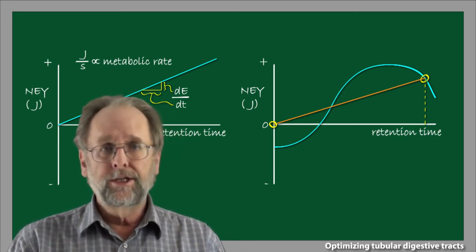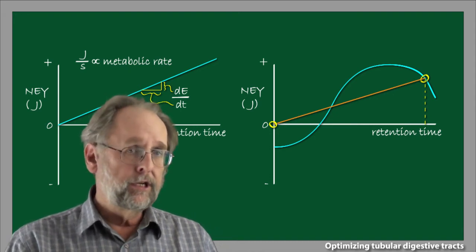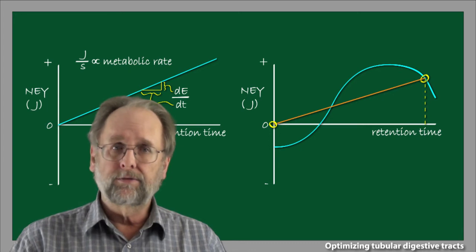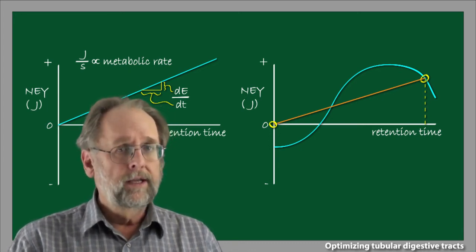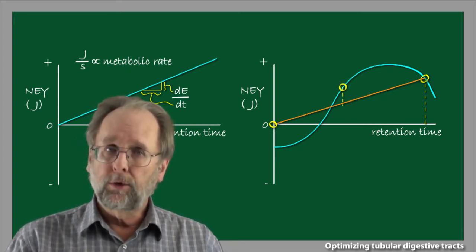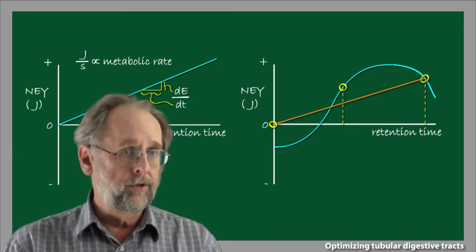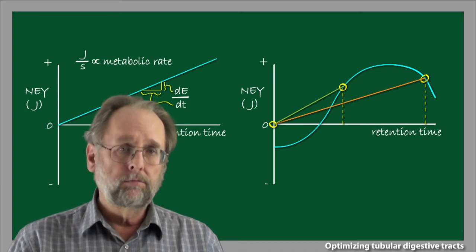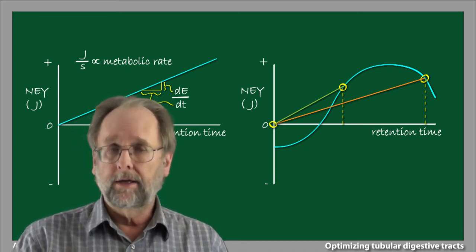This is in the diminishing return part of our net energy yield curve, so we wouldn't necessarily expect great things from there. What about if we had a retention time that's shorter than the maximum net energy yield, though? Well, we'd get a line that looks like this, with a steeper slope and a higher rate of net energy yield.